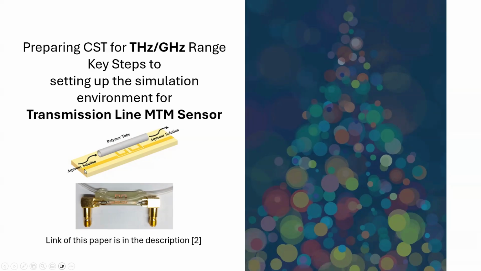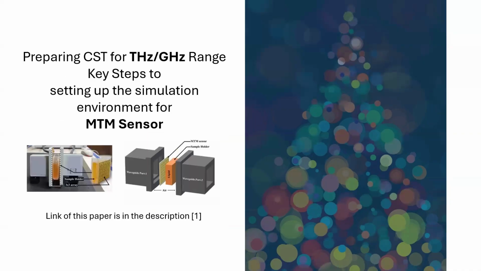Here you can see this is the transmission line, a slightly modified transmission line, and on top of that is the resonator. We connected two ports on both sides of the transmission line. Then we measure the response, but we are using the metamaterial as the sensor. There can be many other techniques to do this, but this is one way of doing it.